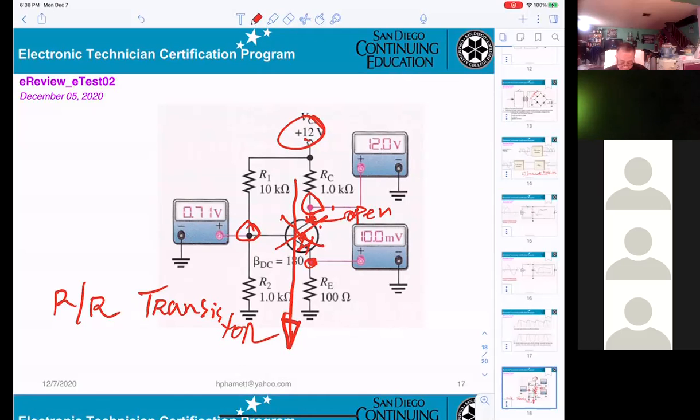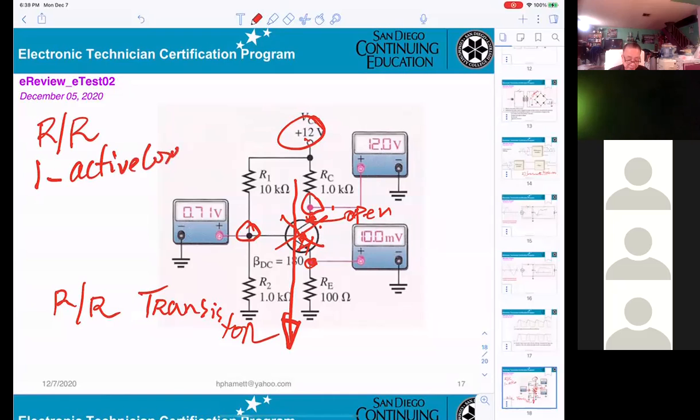Okay, that's the one thing. The other thing, when you try to remove or replace a part, remember, remove and replace any active component first. Number one, active component.